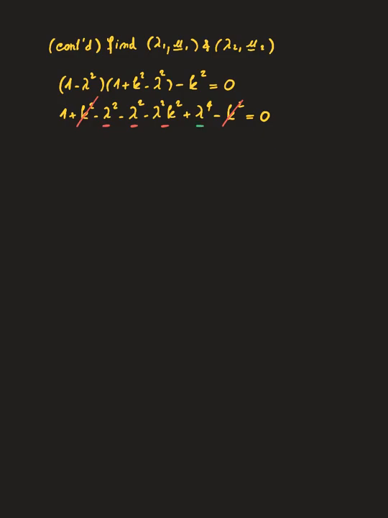Let's not forget there is something not factoring anything at all. Let's rewrite this expression more nicely. So this becomes lambda to the fourth, minus lambda squared times (2 plus k squared), plus 1 equal to 0.